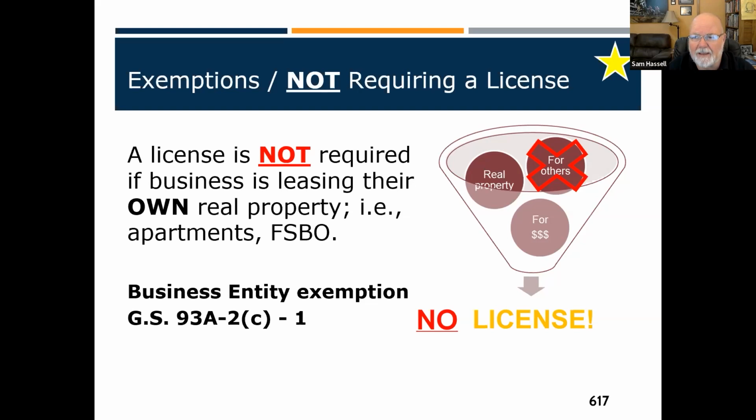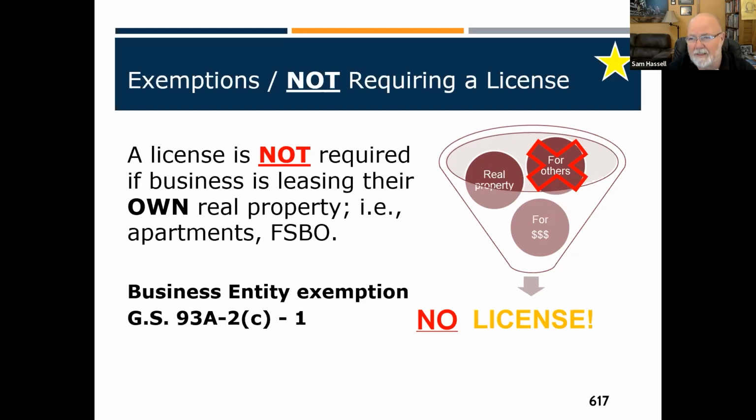If I work for a company that pays me on a W-2, regardless of whether I sell one property or not, I'm going to get paid the same amount all year long. I'm going to get a W-2 at the end of the year. If that's the case and they're paying me to sell company property, I do not need a license. I'm not getting paid a commission. I'm getting paid to work for the company, not a commission. For sale by owner, no license.